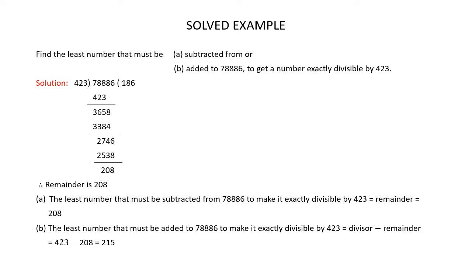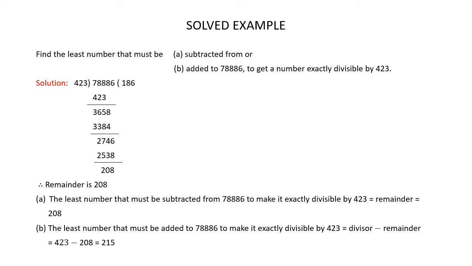The least number that must be subtracted from the given number to make it exactly divisible by the divisor is the remainder. That means you have to subtract the remainder from the given number to get a number that is exactly divisible by the divisor.